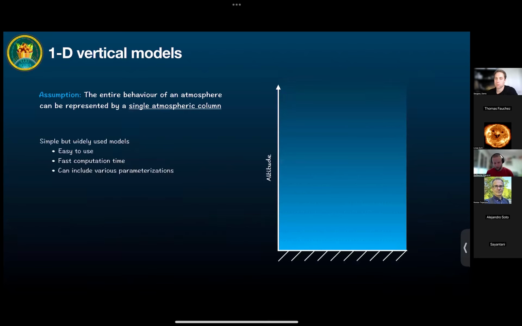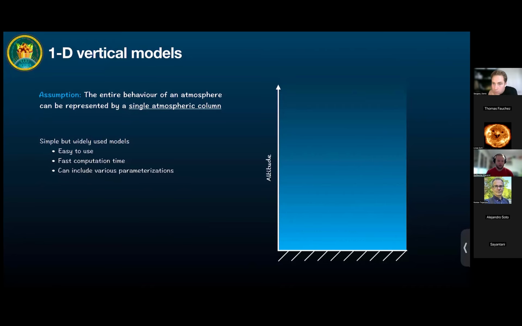So it's quite simple models, but it's also super easy to use, and I think they were the first climate models we developed historically. So they are simple, yes, but they're very useful and very fast to compute.